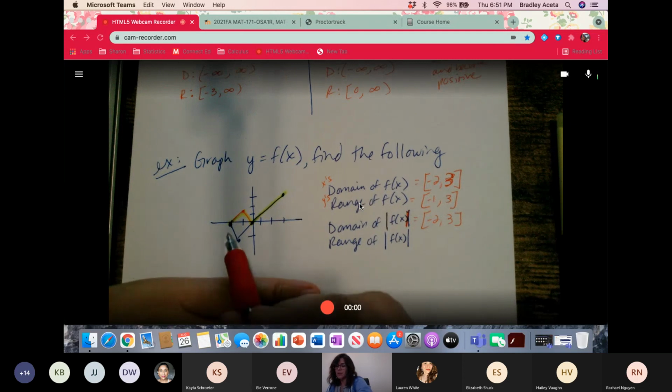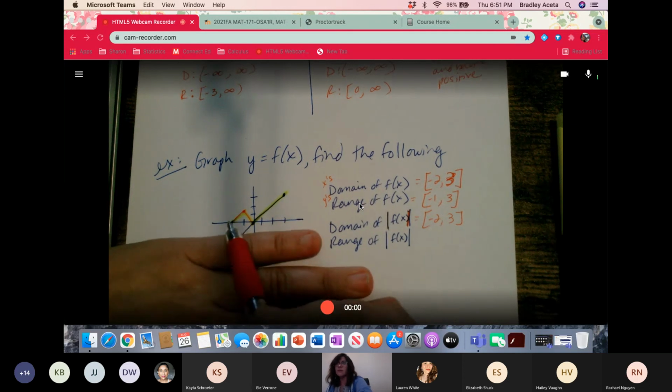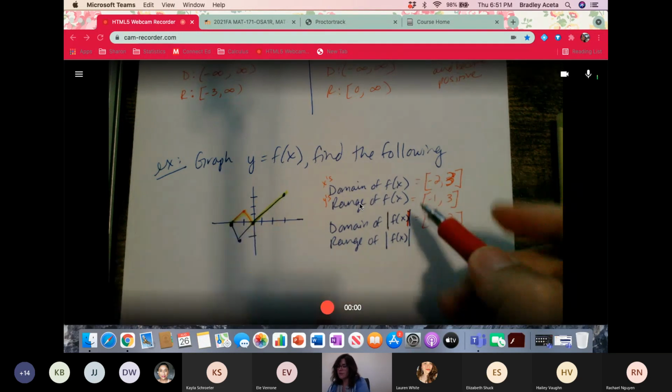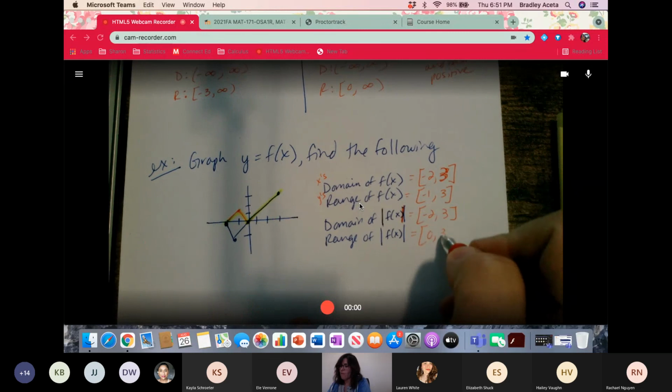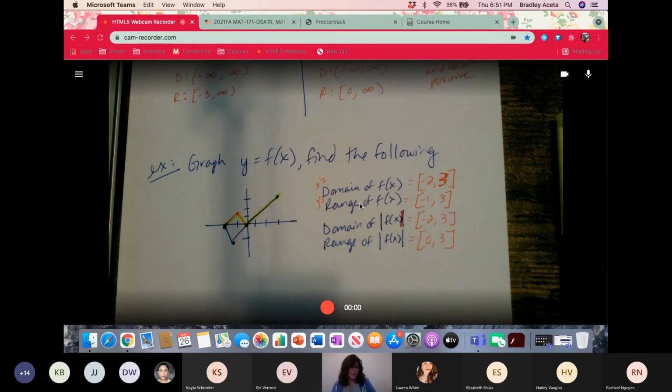Well, now my range, remember, I don't have this section anymore because I took the absolute value. So my range is from 0 up to a height of 3. Okay? And so you'll have graphing questions about the absolute value like that.